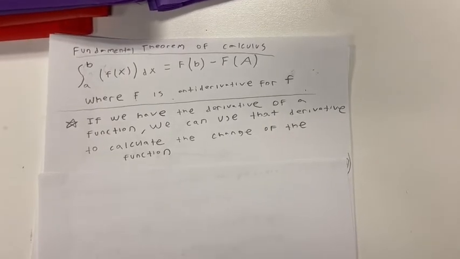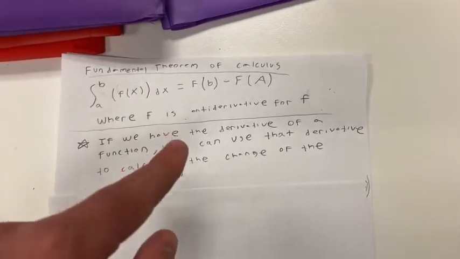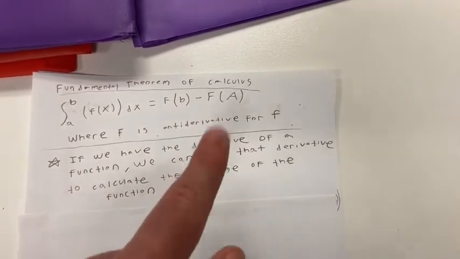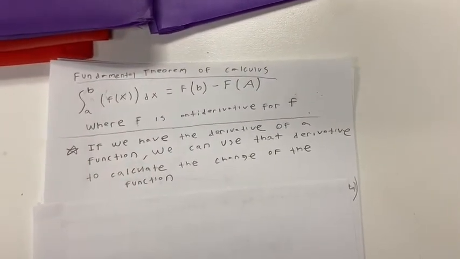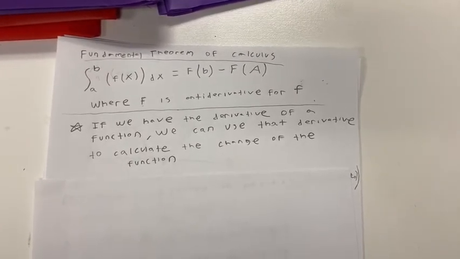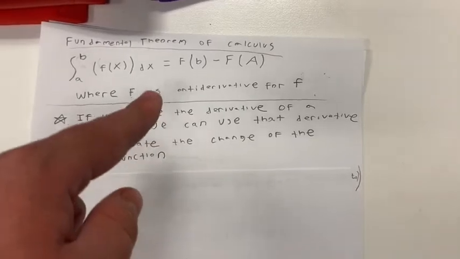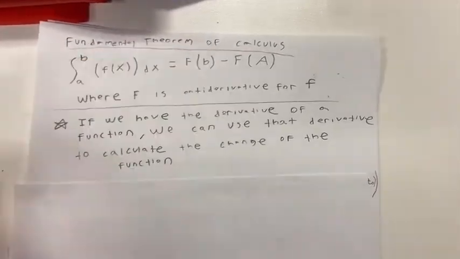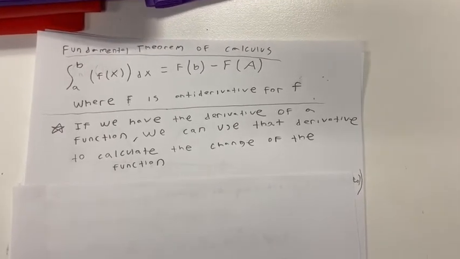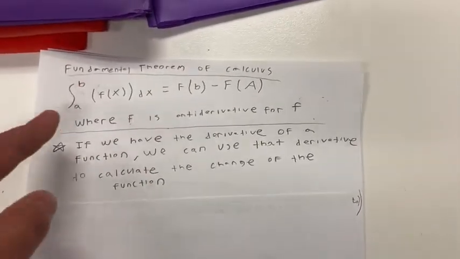So as we remember, the fundamental theorem is basically saying that the integral of f of x from a to b dx equals uppercase F of b minus uppercase F of a, where uppercase F is an antiderivative for f, and therefore that means that lowercase f is the derivative of uppercase F. So what we kind of saw here is that if we have the derivative of a function, we can use that derivative to calculate the change of the function, by taking the integral of lowercase f of x, which is the derivative of F, from a to b.